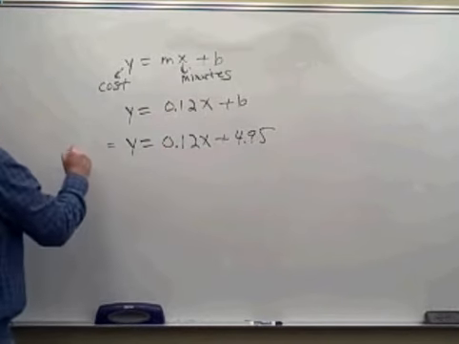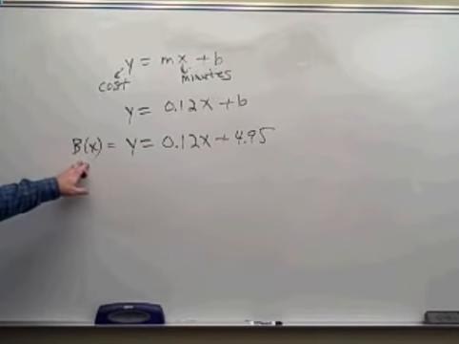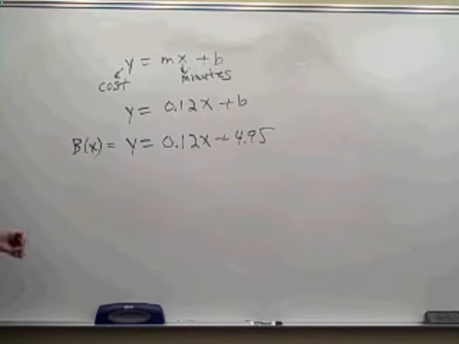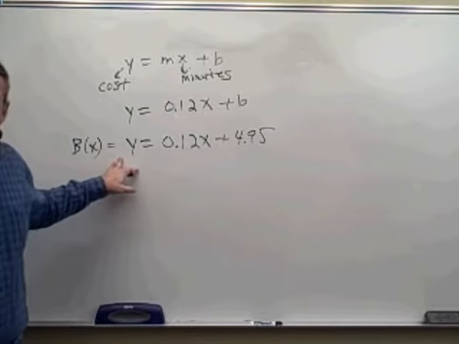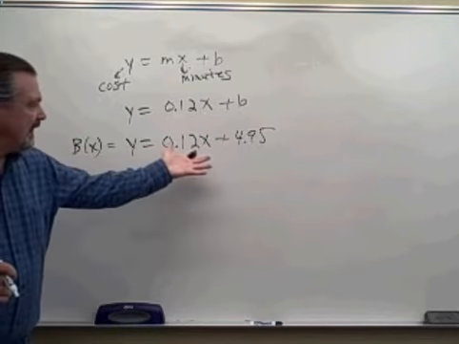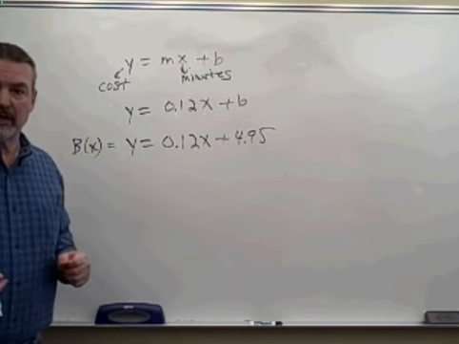So maybe we could call it b of x for their bill, or p of x for their phone bill, whatever you might want to use, or c of x for cost, or y if you don't want to use the function notation. This now could be used to predict the cost of a monthly phone bill depending upon how many minutes Rhonda would call.